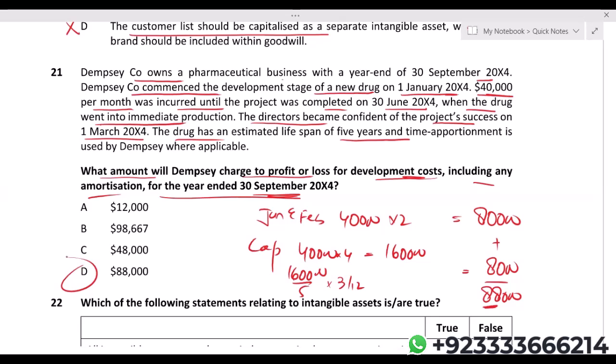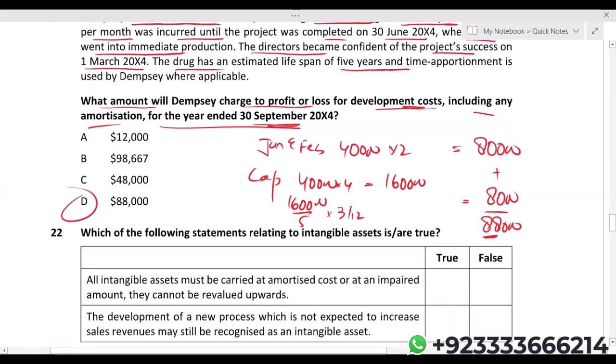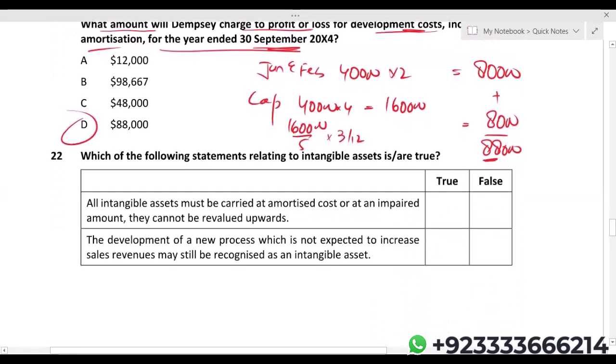Okay, now let's go ahead. Which of the following statements relating to intangible assets is/are true? All intangible assets must be carried at amortized cost or impaired amount, they cannot be revalued upward.